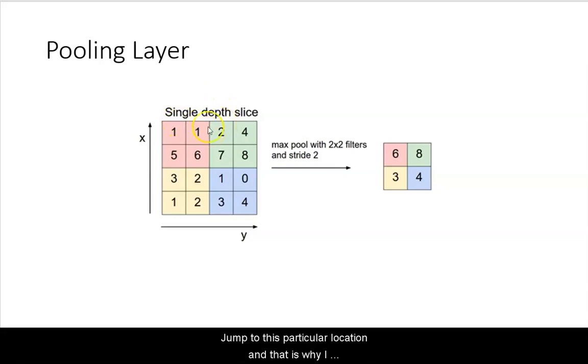That is why I have this portion selected as my next 2 cross 2 window. In max pooling, in the first window the maximum value is 6. In the second window it is 8. In the third one it is 3, and the fourth one it is 4.